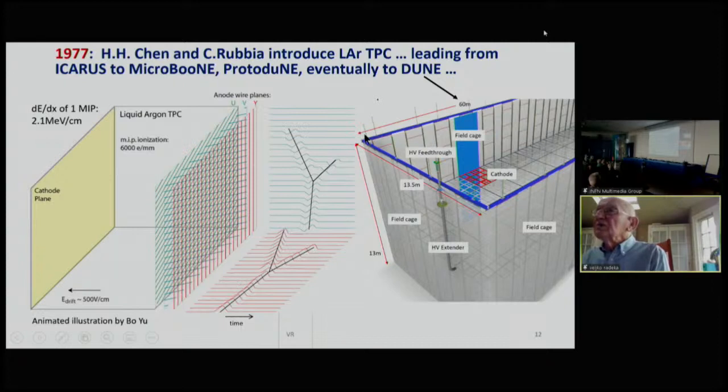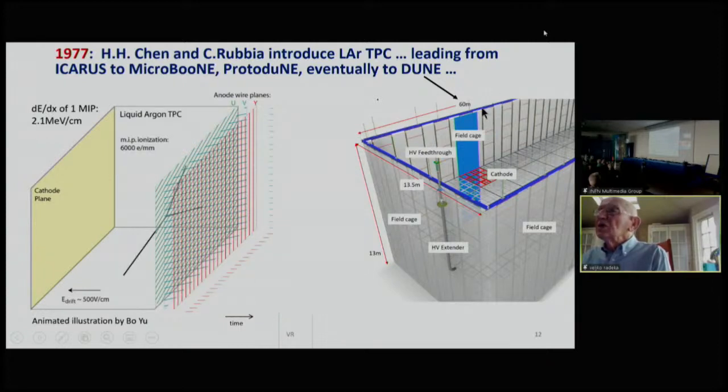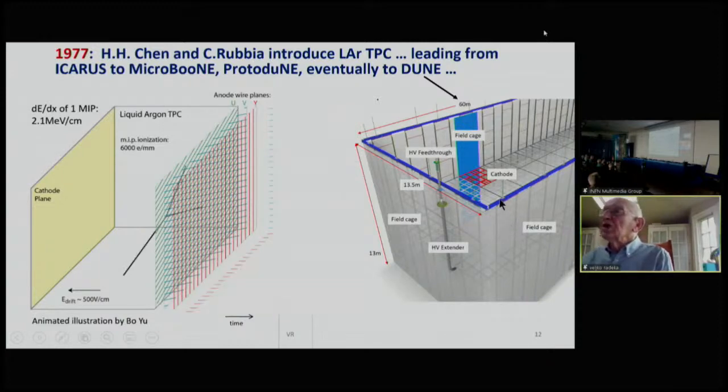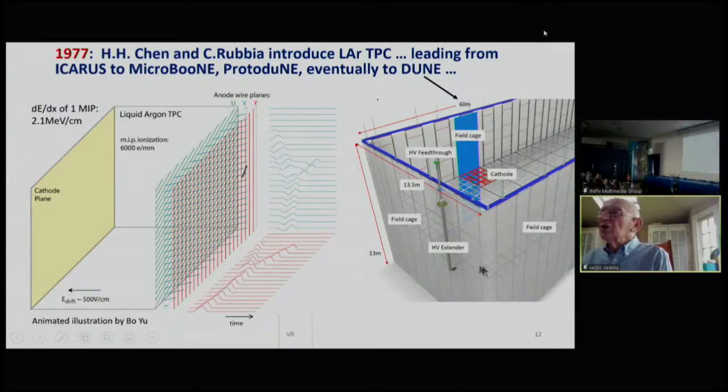It has a 60-meter long cryostat, 13 by 13 meters, just to illustrate what one module would look like, with the cathode in the middle, vertical drift, the anode plane not shown.